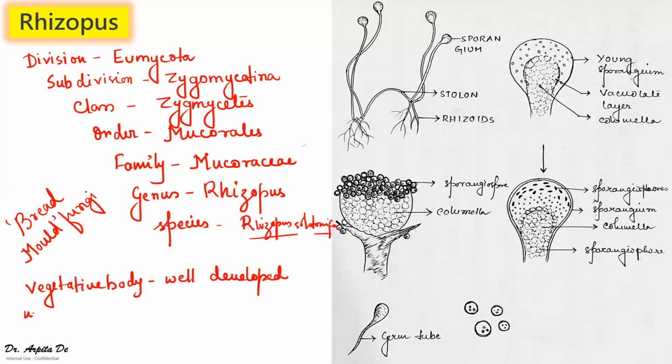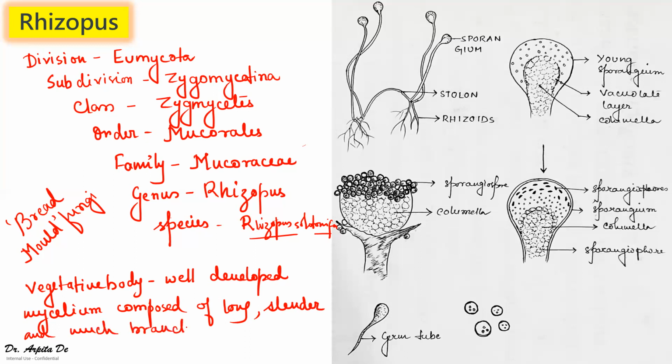Well-developed mycelium composed of long, slender, and much branched hyphae. These hyphae are aseptate.